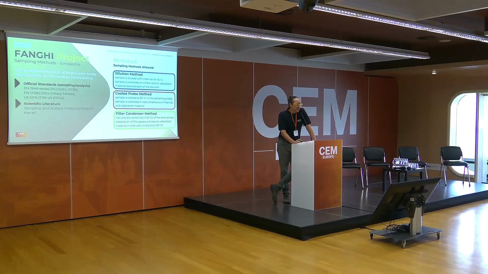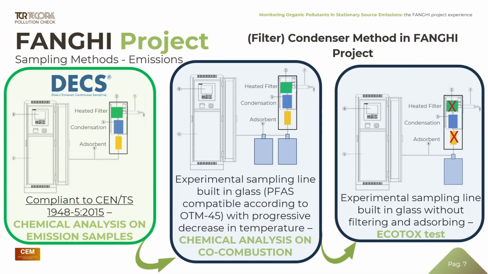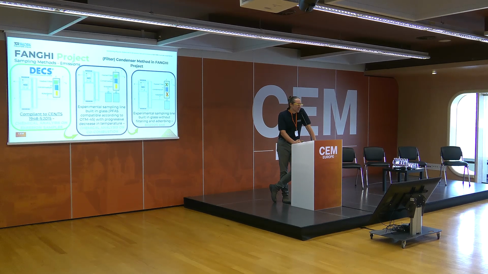Of course, as stated by the EN 1948 standard, the sampling methods allowed by this standard are the dilution method, cool probe method, and filter condenser method. We focused, of course, on the filter condenser method because we are producers of a fixed sampler, which is the DECS, dioxin emission continuous sampling.